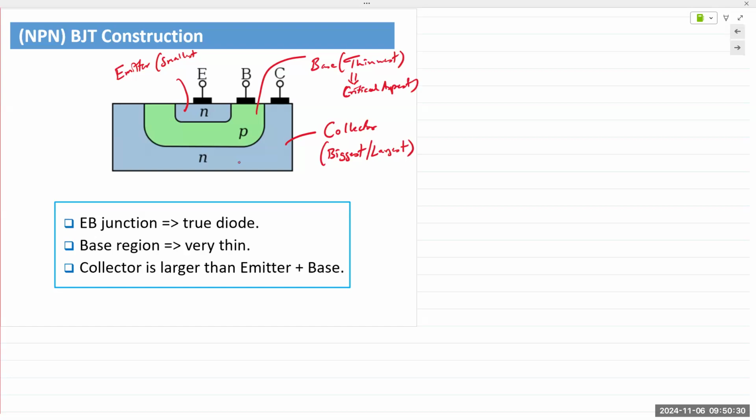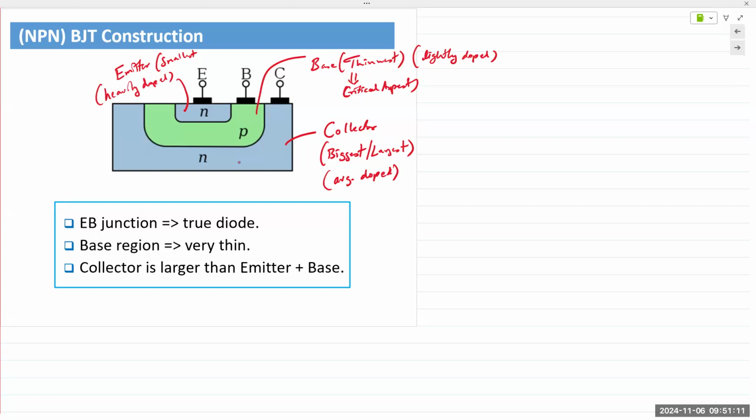Electrically speaking, the base is very lightly doped, so there are not very many charge carriers available for current conduction. The collector is average doping, whereas the emitter is the most heavily doped of the three, meaning there is a plurality of charge carriers available to conduct charge.